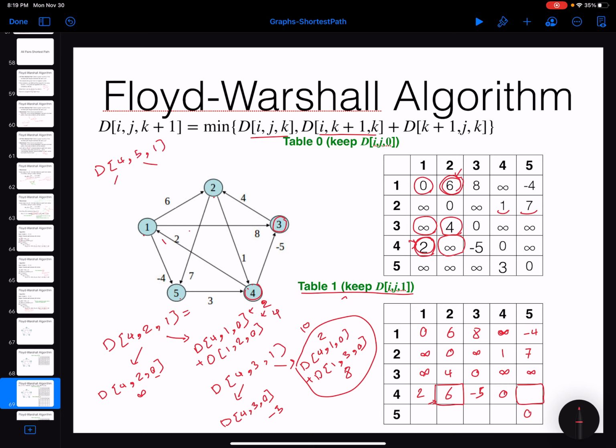This is going to be either don't use node 1, so this is going to be the cost of reaching from 4 to 5 without any node, or go from 4 to 1 without any node, and then go from 1 to 5 without any node. So basically that's going to be this one plus this one. This is going to be 2 plus -4. This is going to be -2.